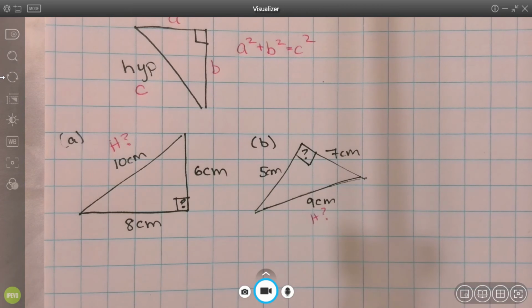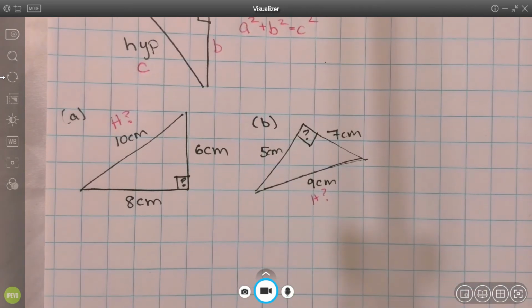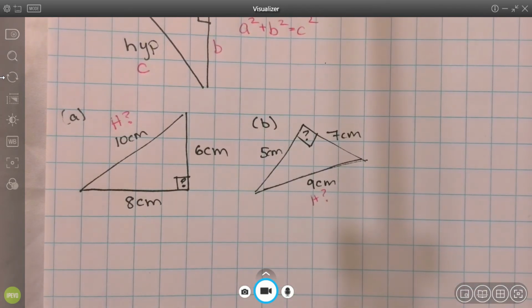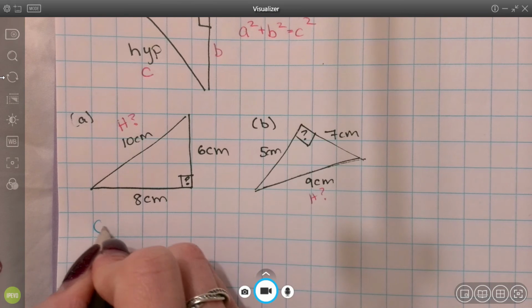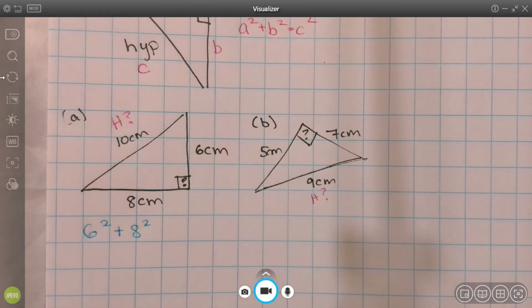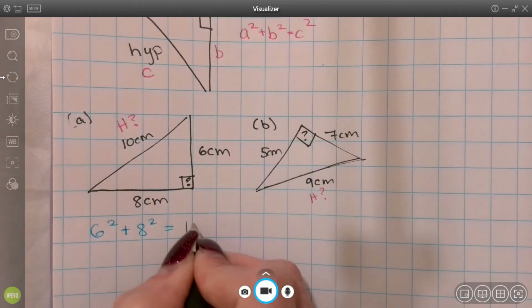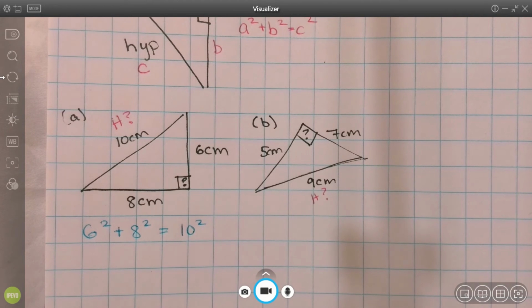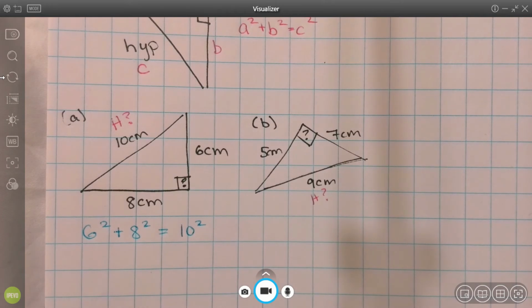So if they are, those would be our hypotenuse. So I'm going to go ahead and substitute into my formula and say the perpendicular sides, if I add them together after I square them, does it give me the side opposite, or the longest side, to be a perfect square?